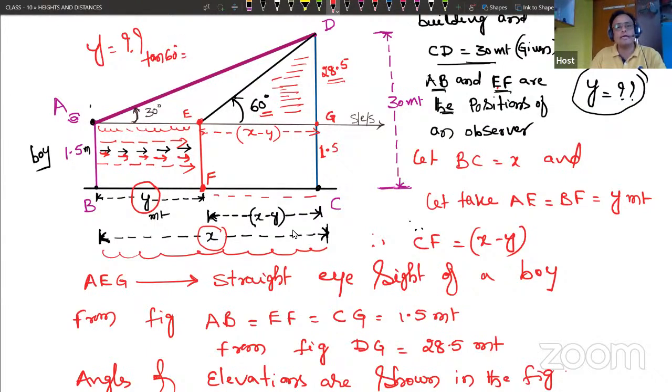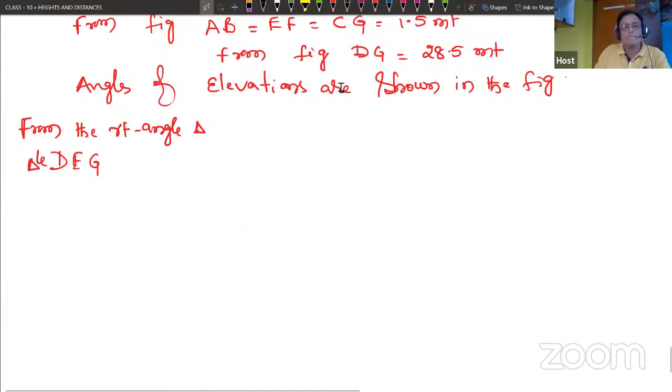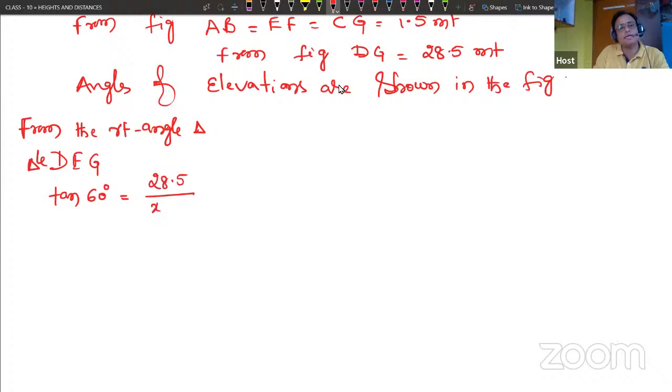Tan, in this right angle triangle we have taken, is opposite by adjacent. Opposite is 28.5, divided by the adjacent side x minus y. So tan 60 degrees is equal to 28.5 divided by x minus y.